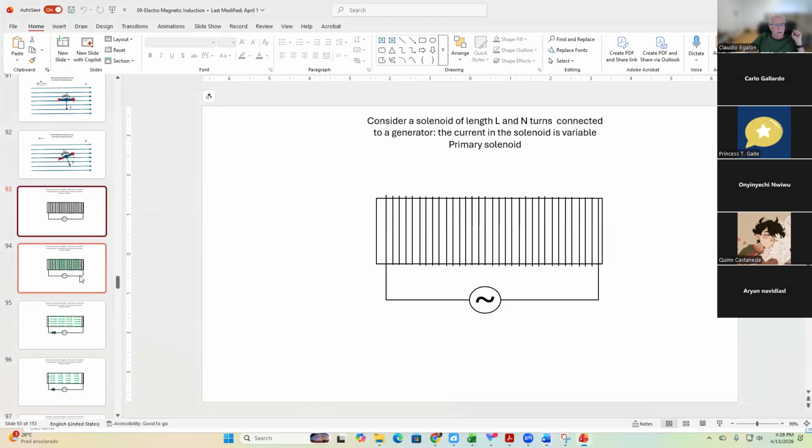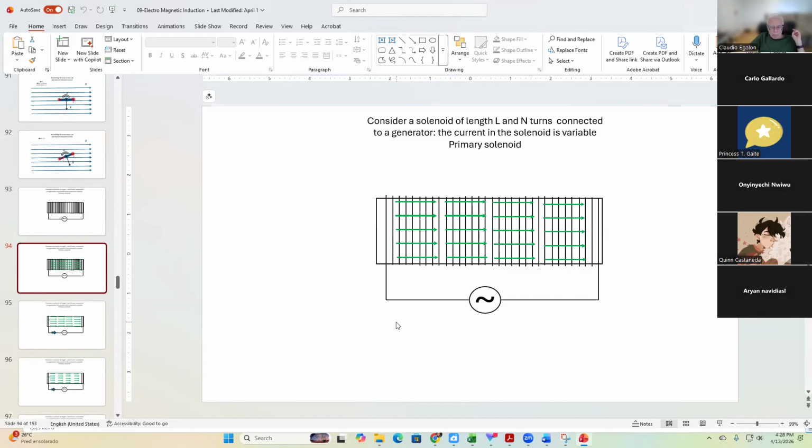It has also a magnetic field inside it, whose direction is determined by the direction of the current. If the current here is from the left to the right, the field is going to be to the left.